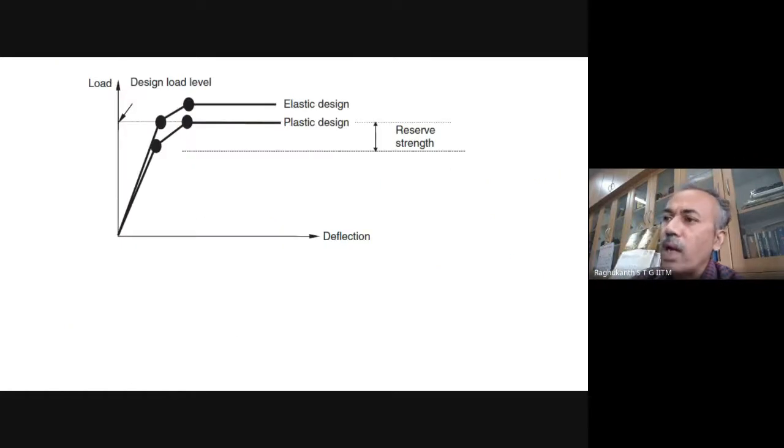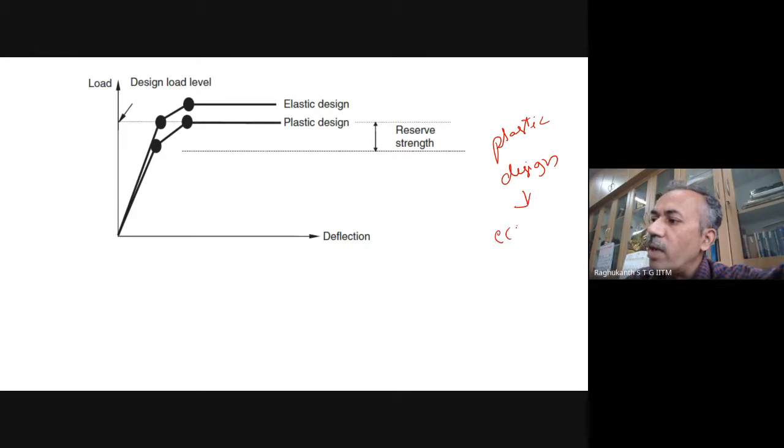Now, why is plastic design more economical? This graph will illustrate it. If you plot the load versus deflection diagram, elastic design is something like this, for the same propped cantilever.